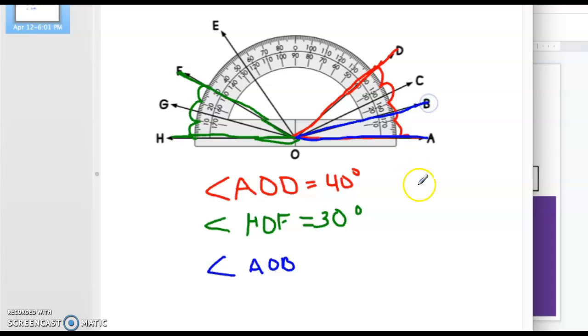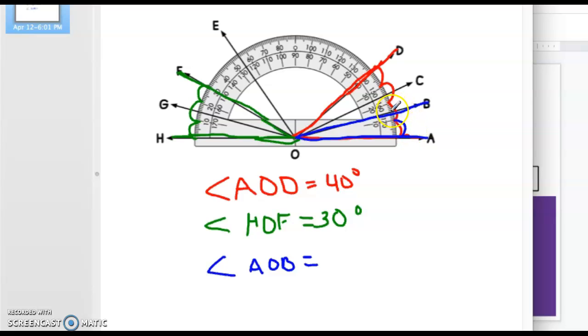This is my angle. Now it's on my right side, which means I'm going to use my inner numbers. When I use my inner numbers, I skip count to 10, and then I have some small, tiny little marks called ticks. I'm going to count those to see what my measurement is.